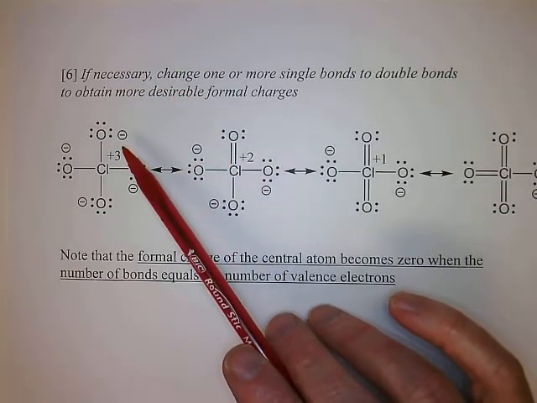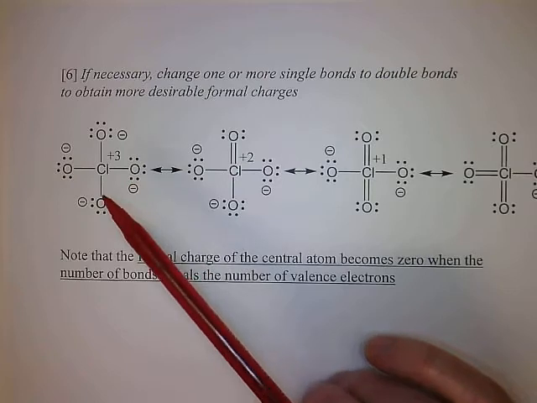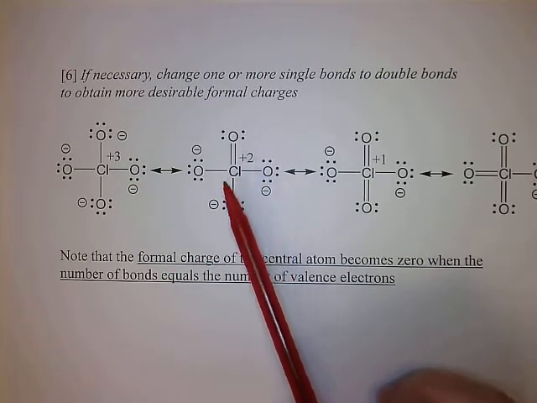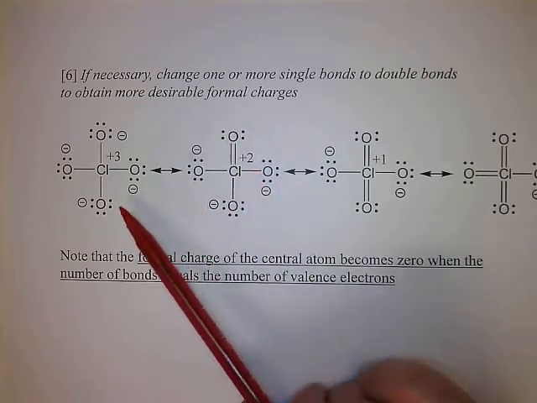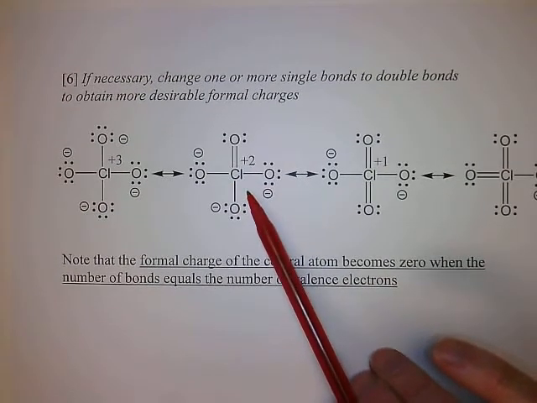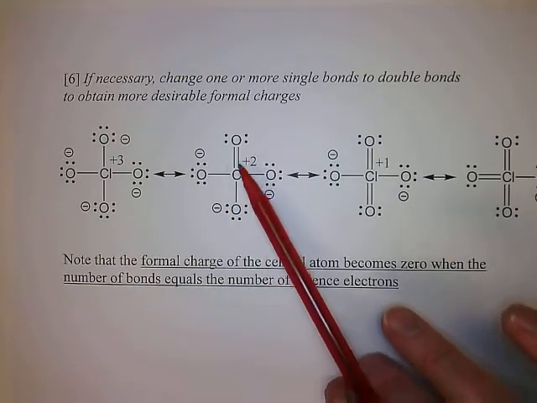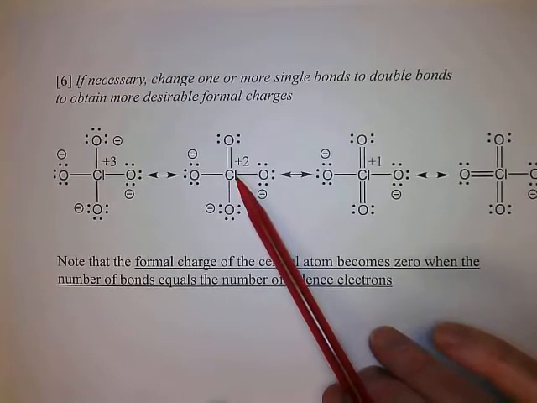And the charge on the chlorine comes down from +3 to +2. So that's good for formal charges. We got rid of one formal charge, and we brought the charge on the chlorine down by 1. Now, this structure violates the octet rule. We have 1, 2, 3, 4, 5 electron pairs around the central atom, but that's okay for chlorine.